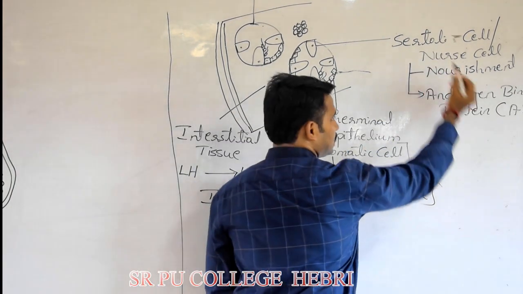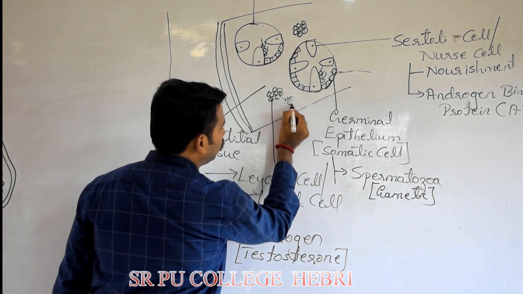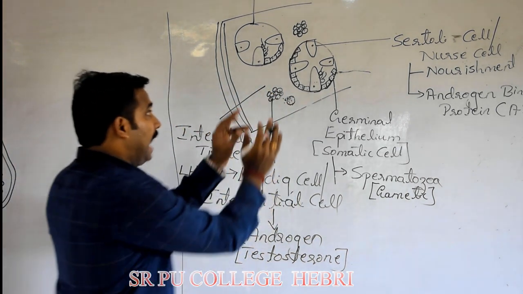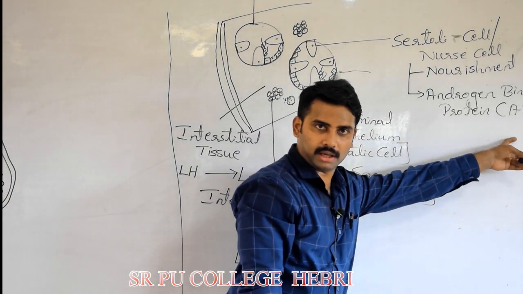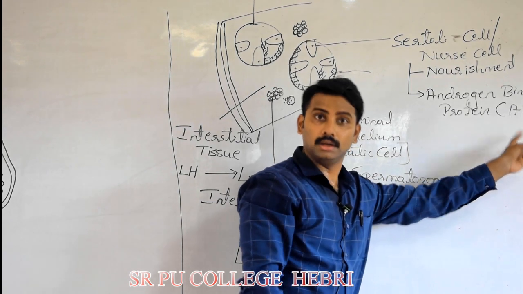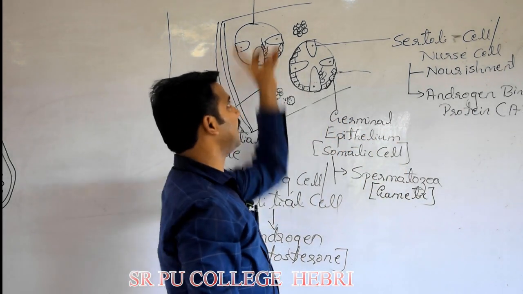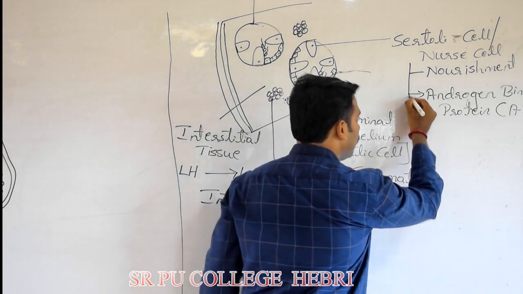The Sertoli cell produces ABP. This ABP binds to testosterone and concentrates it inside. You can note down here, it helps in the concentration of androgen inside the testis. Okay, that is the role of ABP.